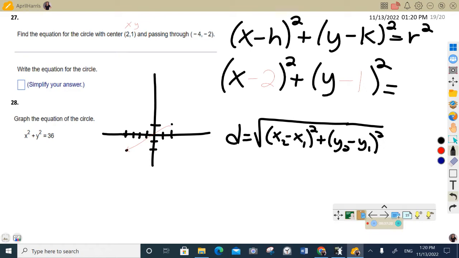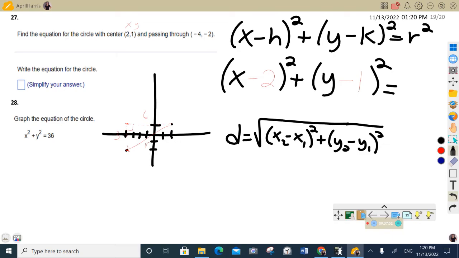But I also want you to see where that formula comes from. If I were to make a right triangle, I could use the Pythagorean theorem, which is where the distance formula comes from. So from down here at -2 up here to +1, that is a distance of 3. And here we're at -4 on the x-axis. Here we're at 2, so that's 6. So I could, if I'm trying to find the radius here, a squared plus b squared equals c squared.